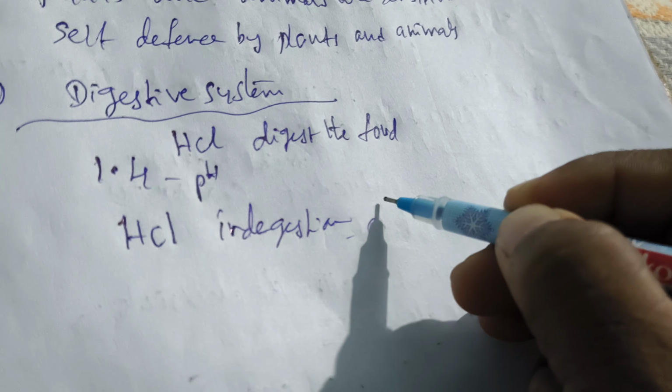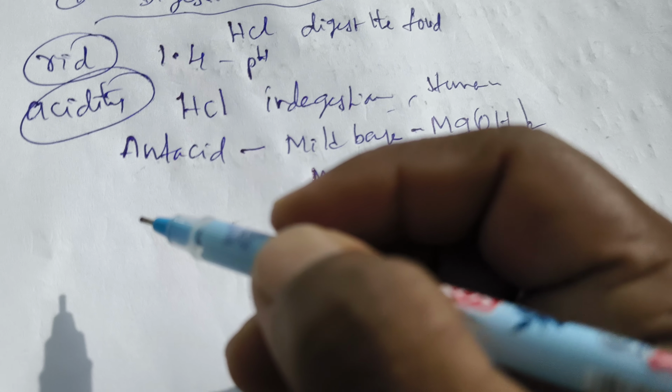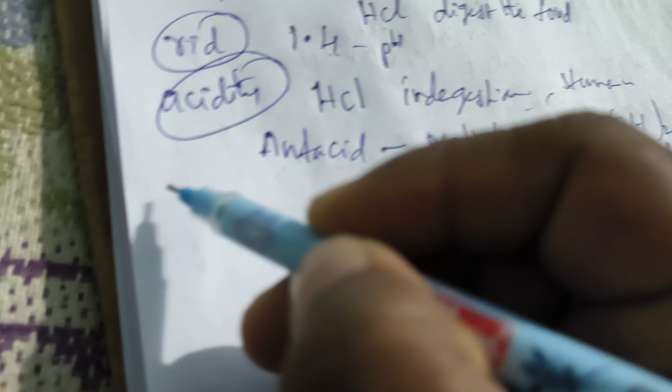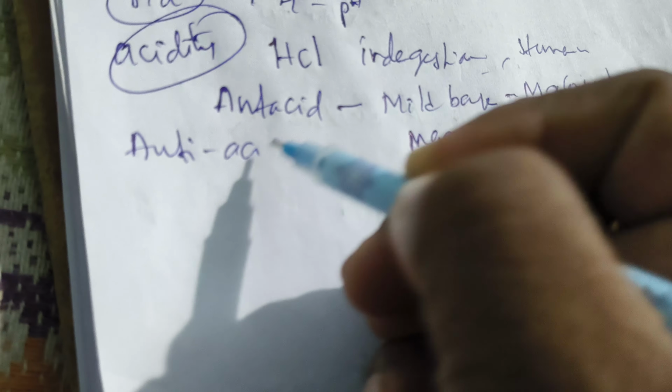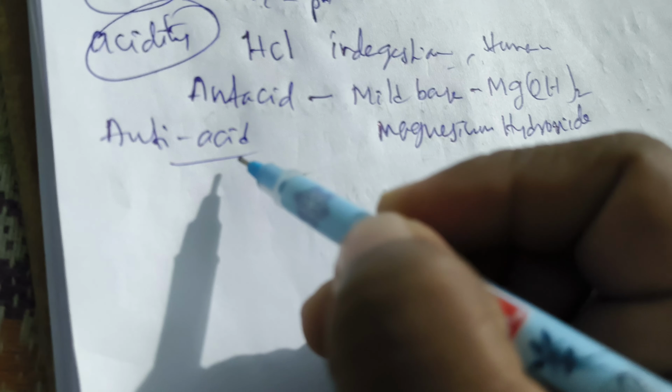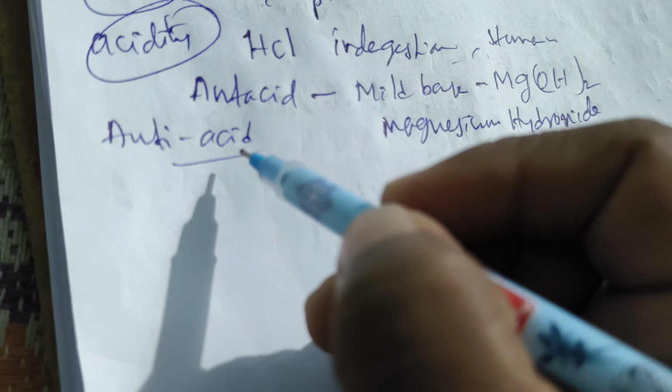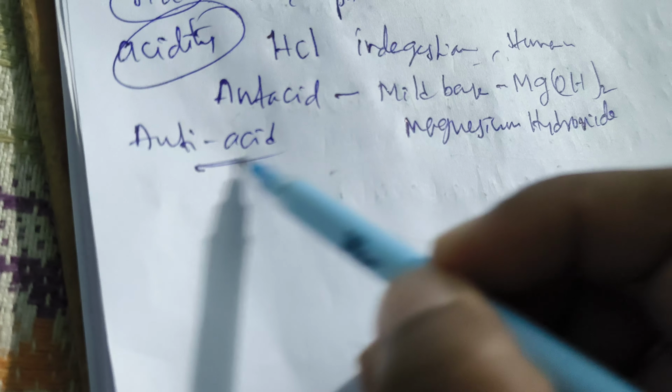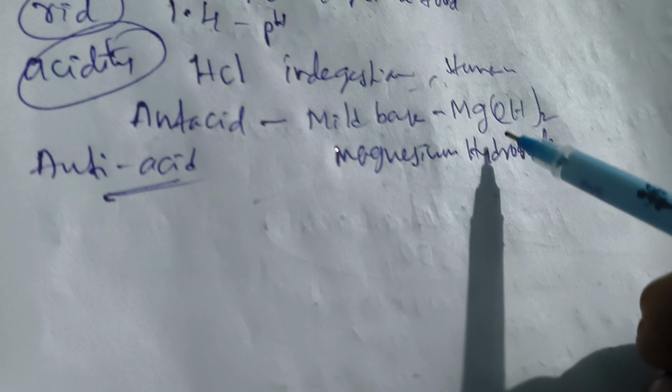To get relief from the stomach pain or irritation, which we call acidity, we have to use a substance called an antacid. That means anti-acid. So that antacid is like magnesium hydroxide.